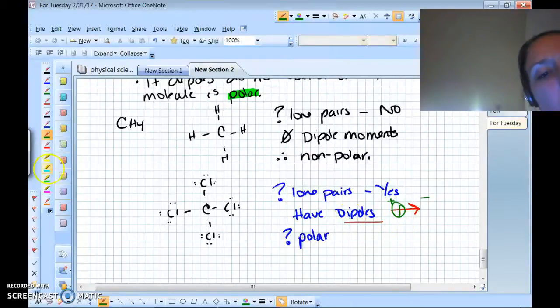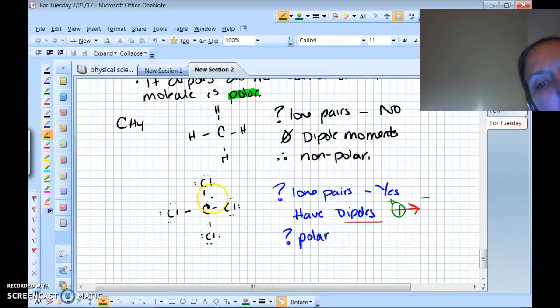Alright, well if you were looking at this molecule, you have to look at it. The dipole is going to go between two atoms. So there's two. Alright, I have the carbon and the Cl. Cl has all of these lone pairs on top of or around it. So that makes it the negative region, where carbon doesn't have any lone pairs on it. Alright, so since carbon doesn't have any lone pairs, that means that he is going to be the positive region.